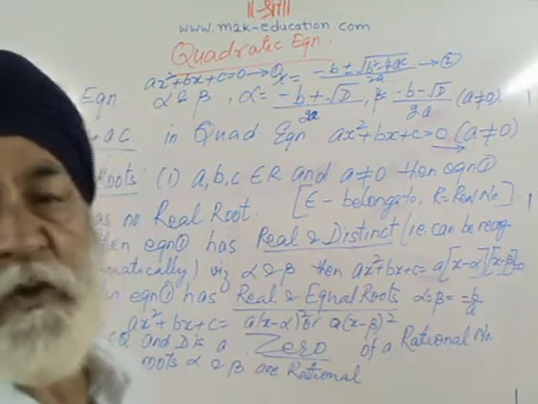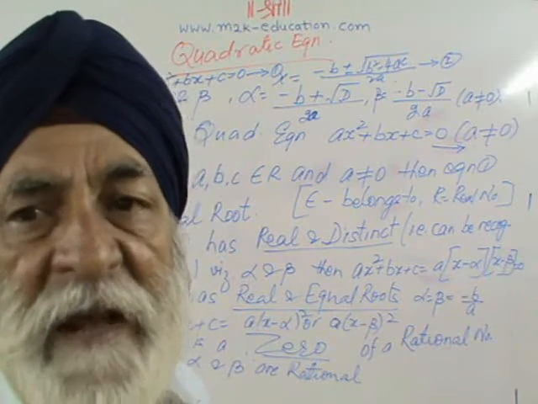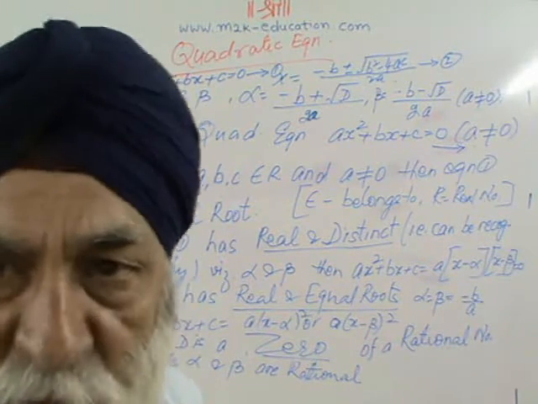It means they will also come out as rational, and a rational number means it will be a ratio.